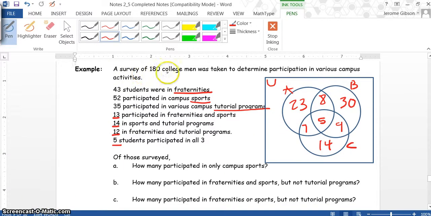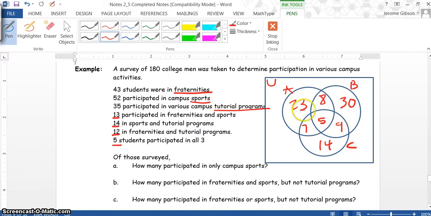Now remember, there were 180 college men who participated in these various campus activities. So we need to add all of these up, and whatever remains, we will have to subtract that from 180, and that would be the set outside of participating in these 3 activities.